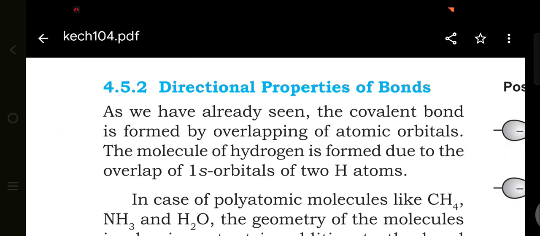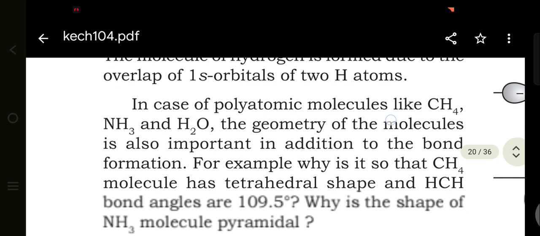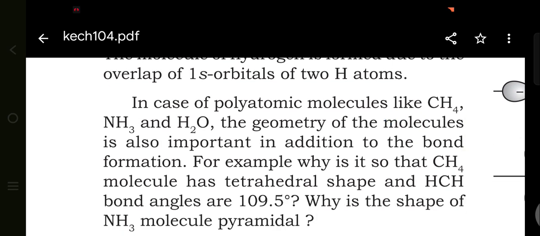Directional properties of bonds. As we have already seen, the covalent bond is formed by overlapping of atomic orbitals. The molecule of hydrogen is formed due to the overlap of the s orbitals of two hydrogen atoms. In the case of polyatomic molecules like CH4, NH3 and H2O, the geometry of the molecules is also important in addition to the bond formation.